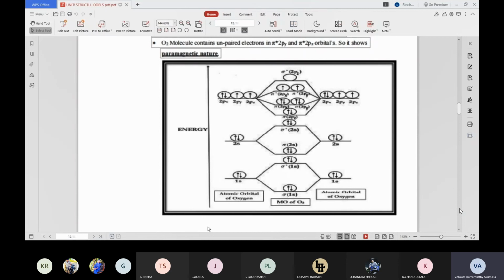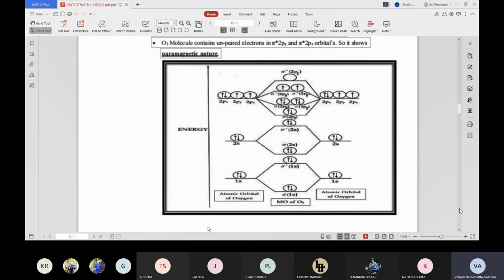And there are two types of diatomic molecules: homodiatomic molecules and heterodiatomic molecules.